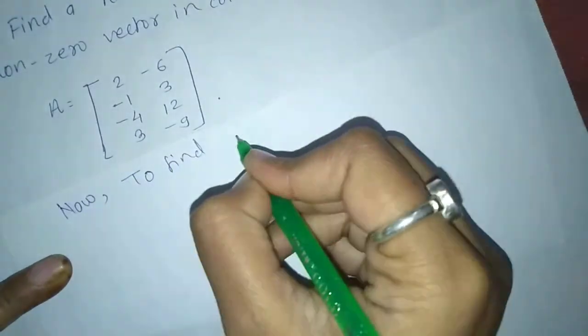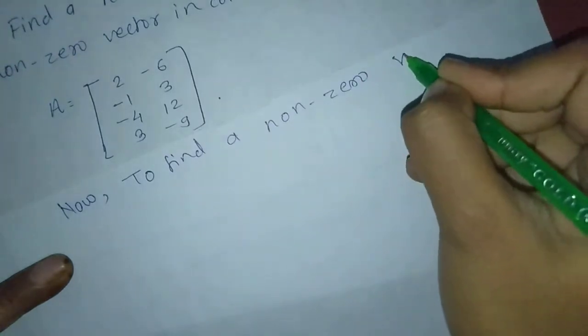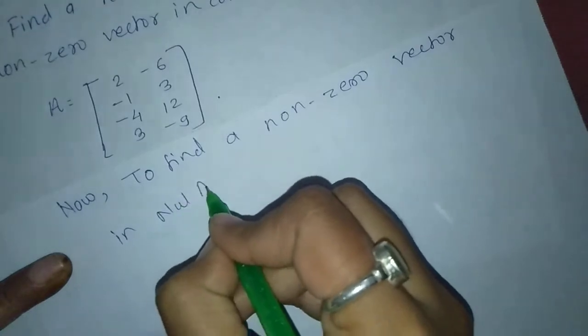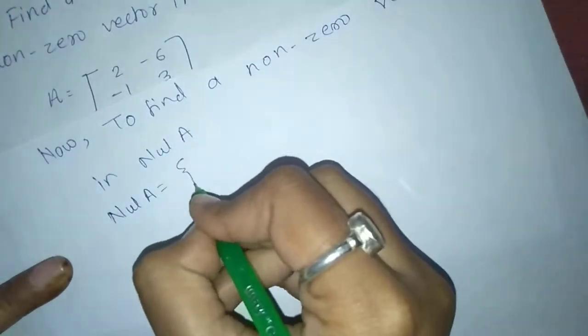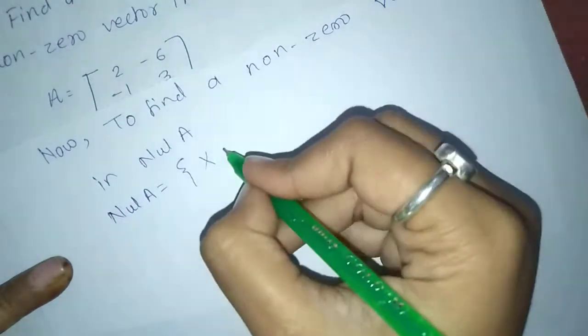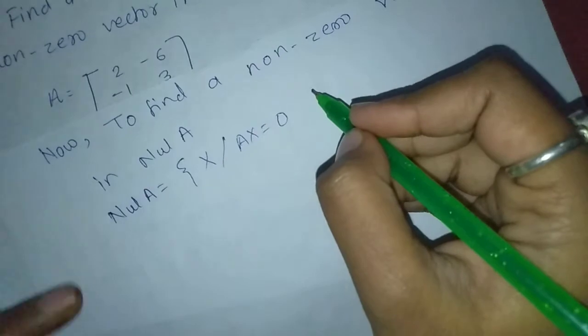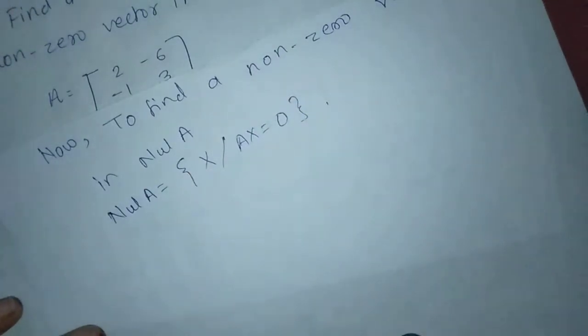Now to find a non-zero vector in the null space of A. We know that the null space of A is the set of x such that A x equal to 0, where x belongs to Rn.